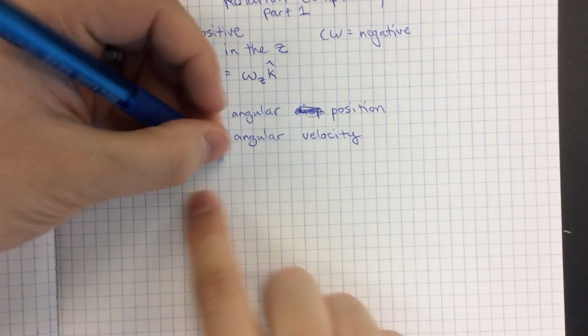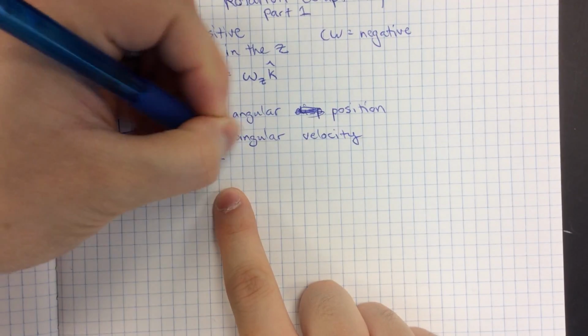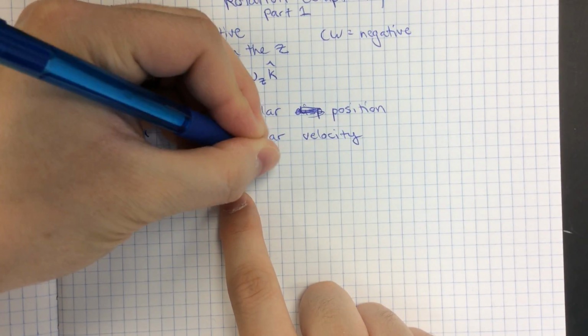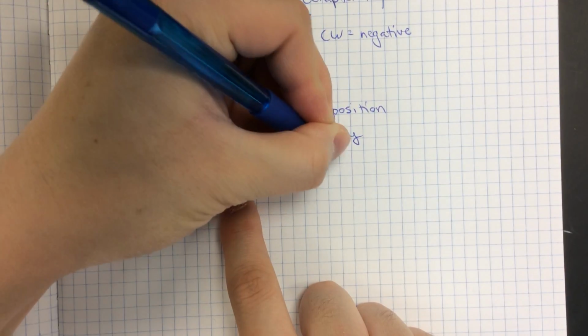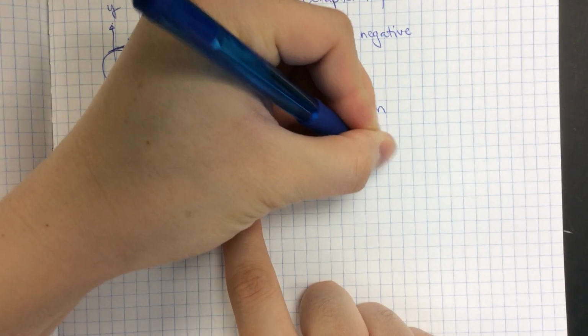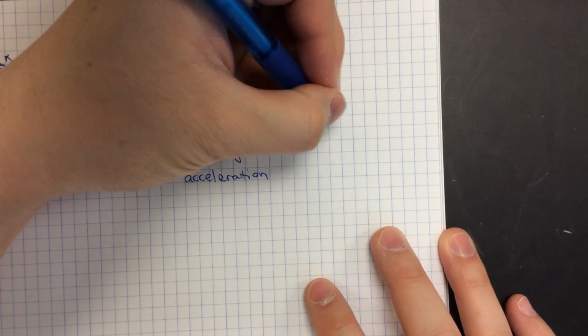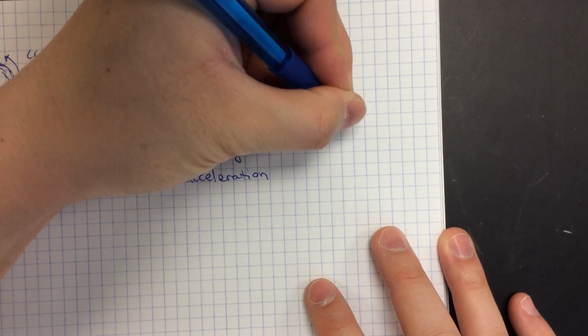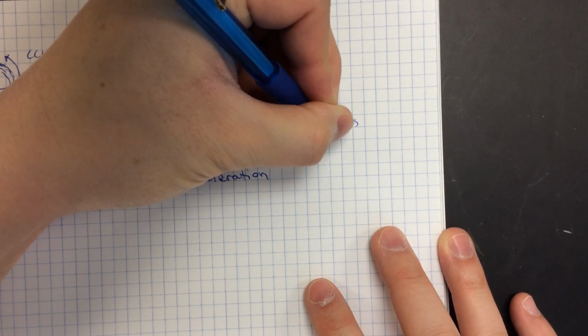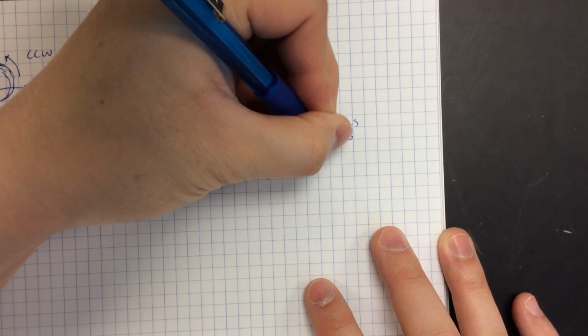So then when you measure from there, counterclockwise is positive, and so on. Okay, and then lastly we have alpha, which is an angular acceleration. Make sure you do all of these in radians. Sometimes you'll be asked to convert to degrees, or you'll be asked to convert to revolutions, things like that. So make sure you're familiar with these units: radians, degrees, revolutions.